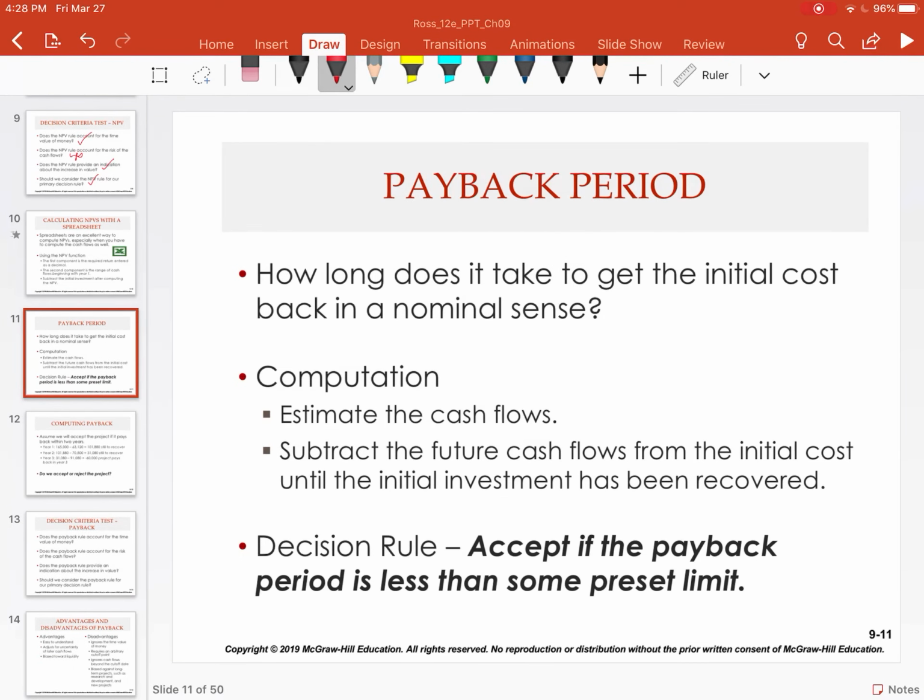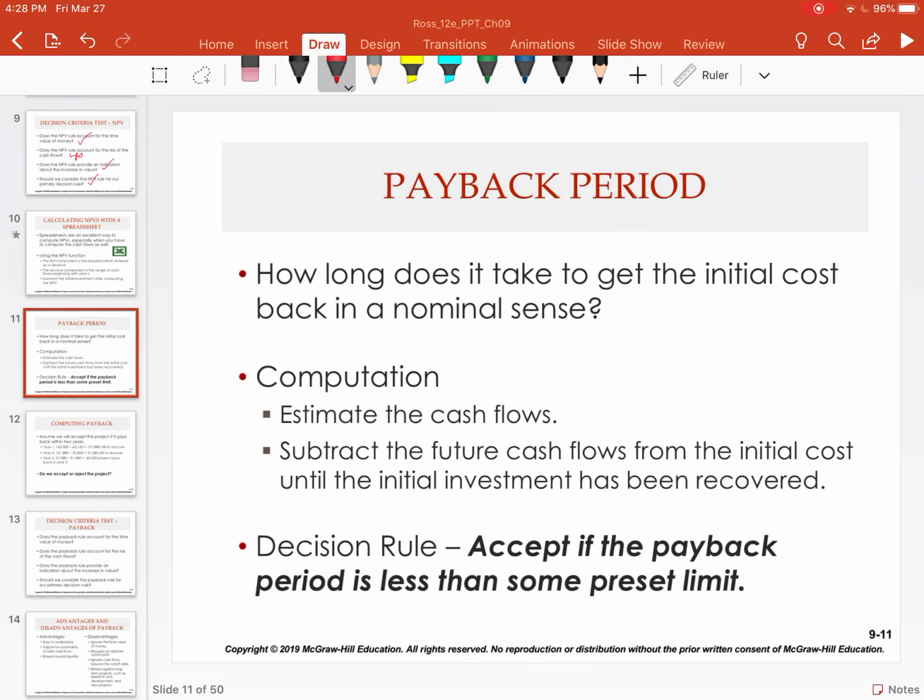I'm going to move on to payback period so that you can understand the difference. Payback period is really a simple measure, basically deducting the cash flows from the initial investment until those have balanced out. We're trying to determine just years or months, a time period.